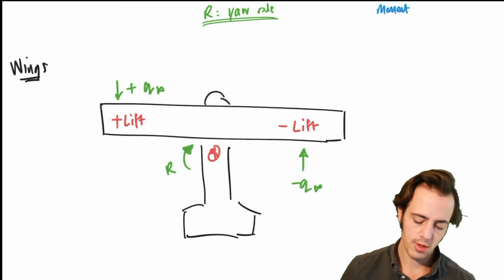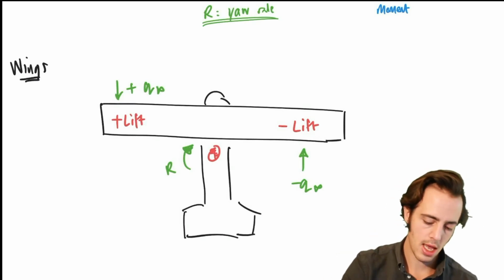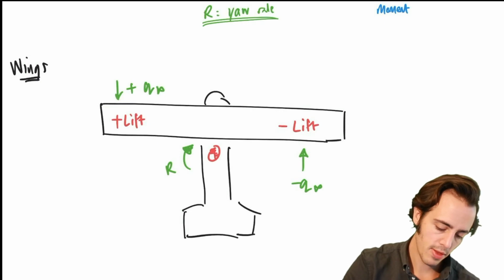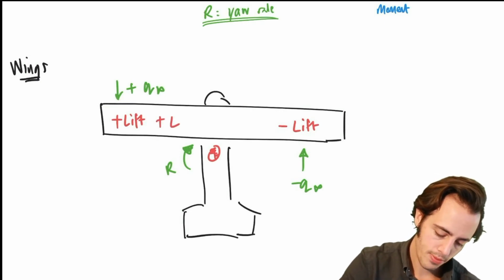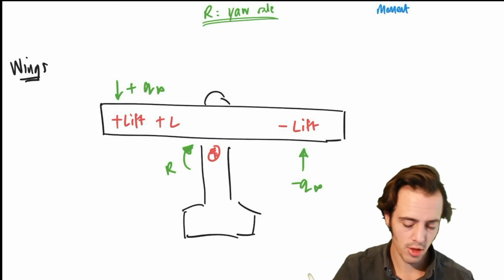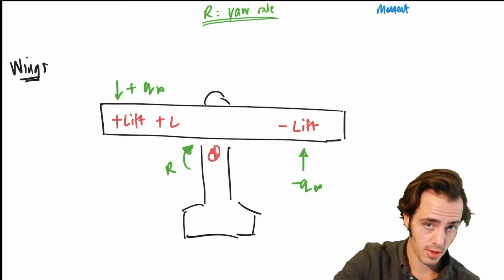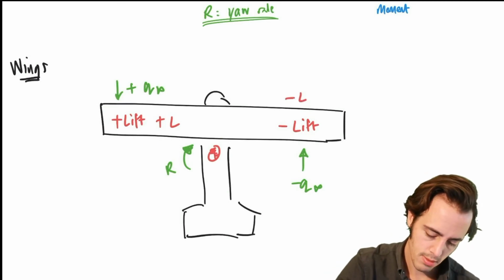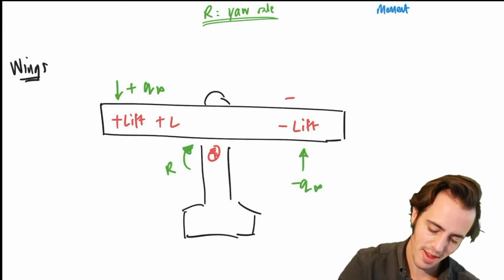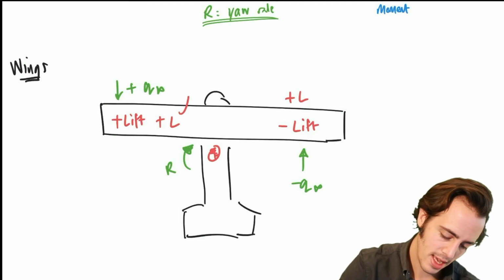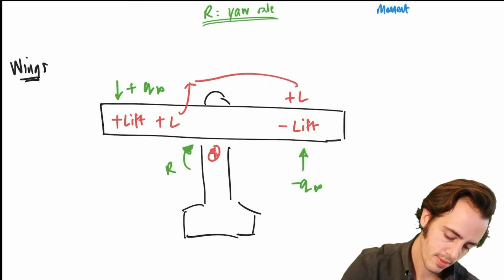So what's that going to do? It's going to induce a moment. This is going to produce a plus L, and with less lift on the starboard side, it's going to cause a starboard wing down moment, a plus L rather. These are rolling moments.